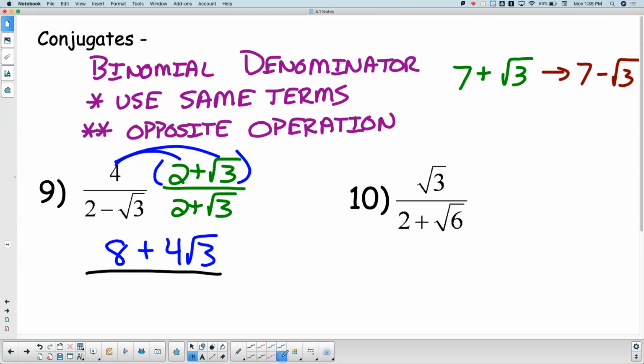If I multiply a binomial times a binomial, which we just spent a whole unit on doing, that's going to be 2 times 2, which is 4. 2 times positive square root of 3, which is 2 square roots of 3. 2 times negative square root of 3, which is negative 2 square roots of 3. And then negative square root of 3 times positive square root of 3 is going to be minus 3.